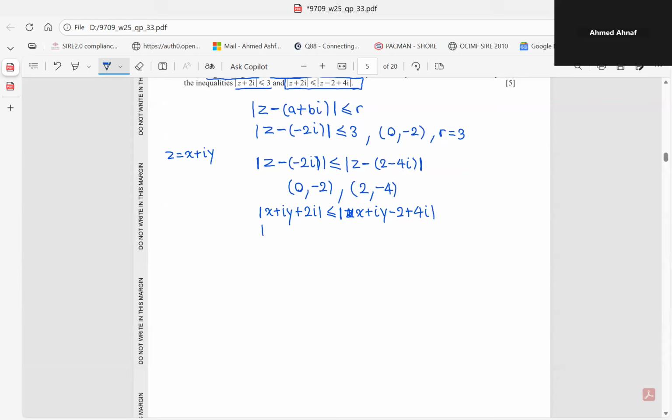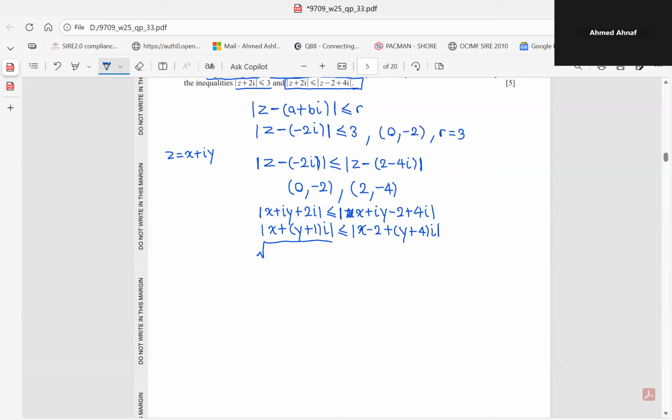So I'll just separate the real and imaginary parts. So (x) plus (y plus 2) times i is less than or equal to (x minus 2) plus (y plus 4)i. Okay, so for this one, we just have to find the modulus of that.